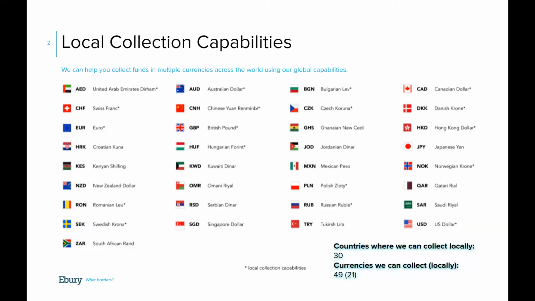We've got collection accounts in 30 countries around the world, including all of the main G10 currencies, but also some more exotic or unusual currencies that you would not normally be able to collect locally. In terms of the number of currencies we can collect, the number is 49, 21 of which we can collect locally, meaning that we have local collection accounts in that given country.